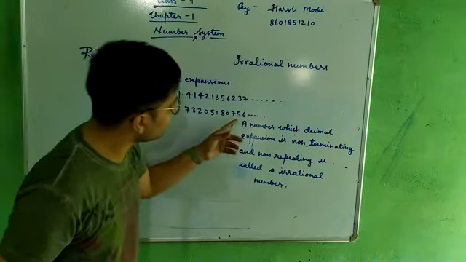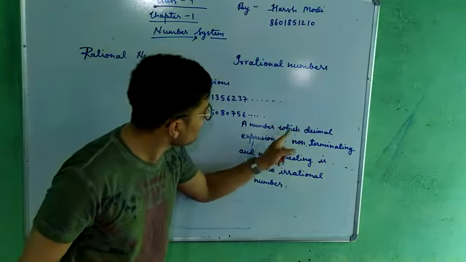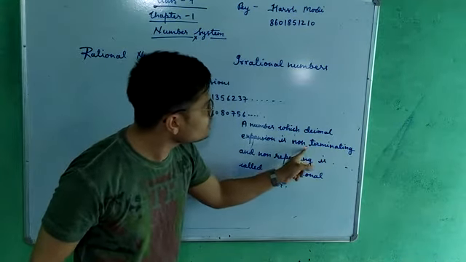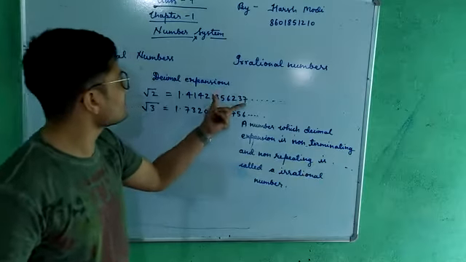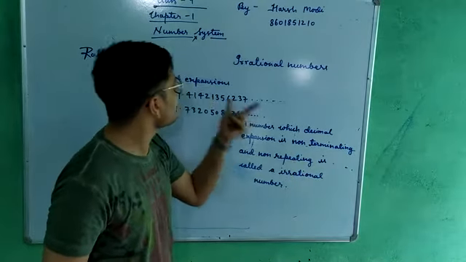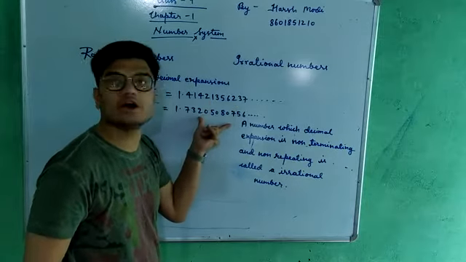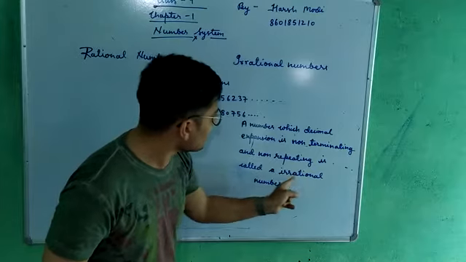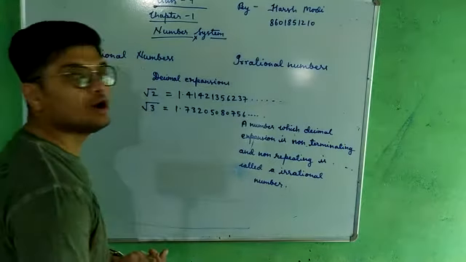So the definition is: a number whose decimal expansion is neither terminating nor repeating is called an irrational number.